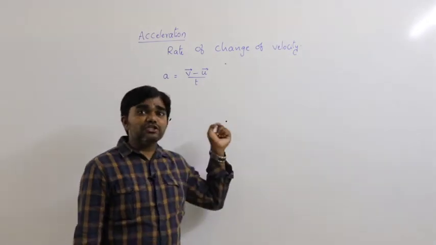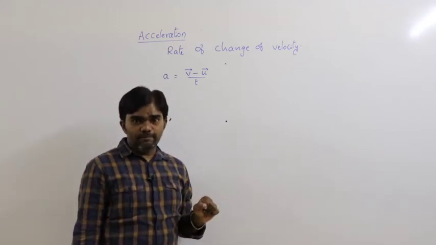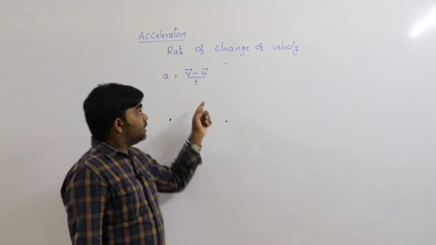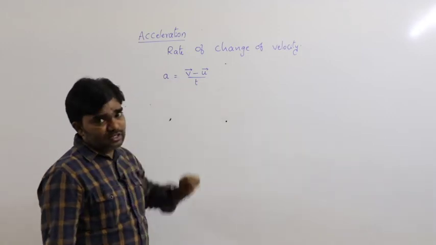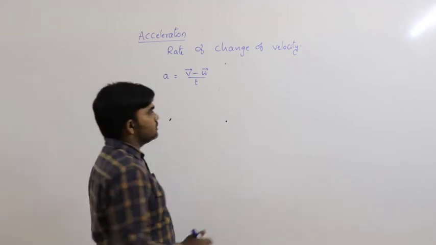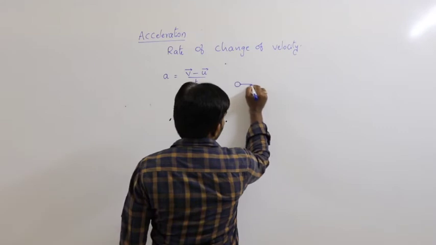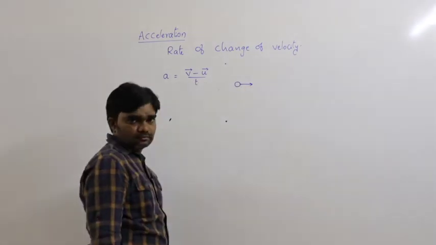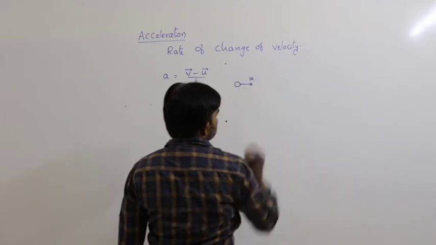Based on the direction of motion of the body, we can decide the value of acceleration. For example, if a body is moving in this direction, let us say velocity is u.